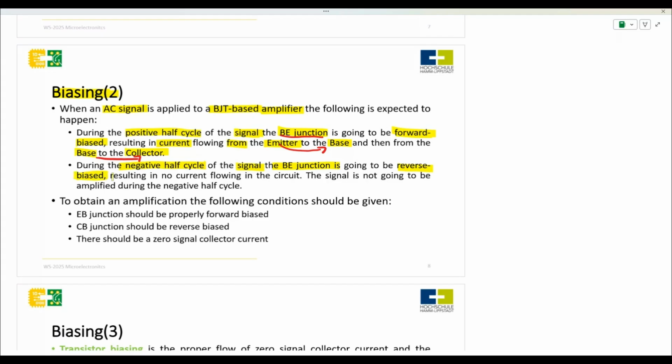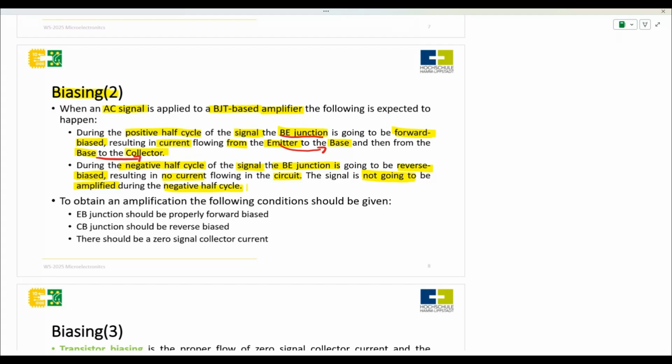So we have a reverse bias resulting in no current flowing in the circuit, and the signal is not going to be amplified during the negative half cycle.